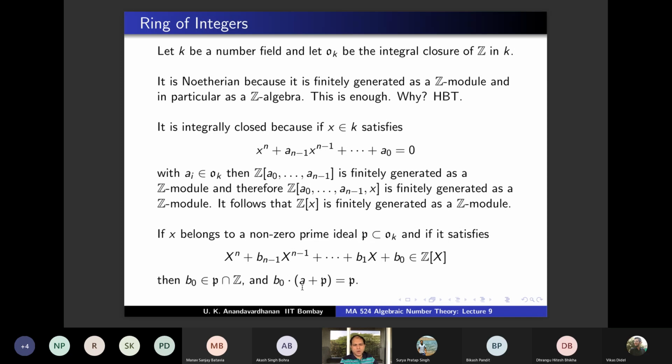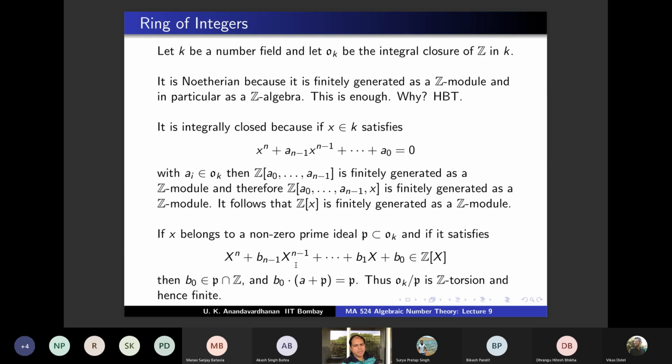So B0 kills OK by P. Anything in OK by P, if you take B0 times that, is a zero element. So OK by P is Z torsion, and B0 kills everything there. So OK by P is torsion, and therefore you conclude it is finite.